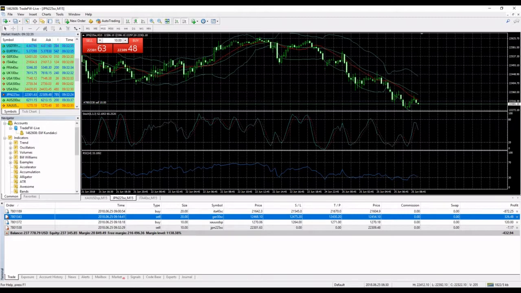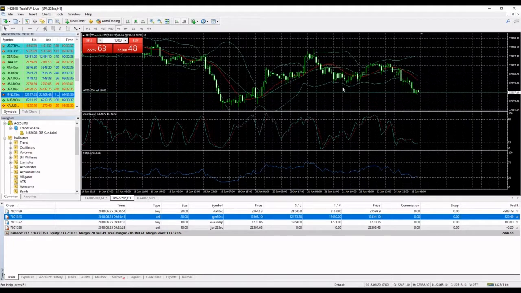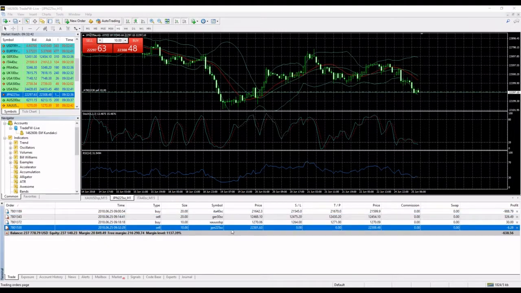Let's see where we will put our take profit and our stop loss. I think I will put my take profit on 22,199, and my stop loss is at 22,399.